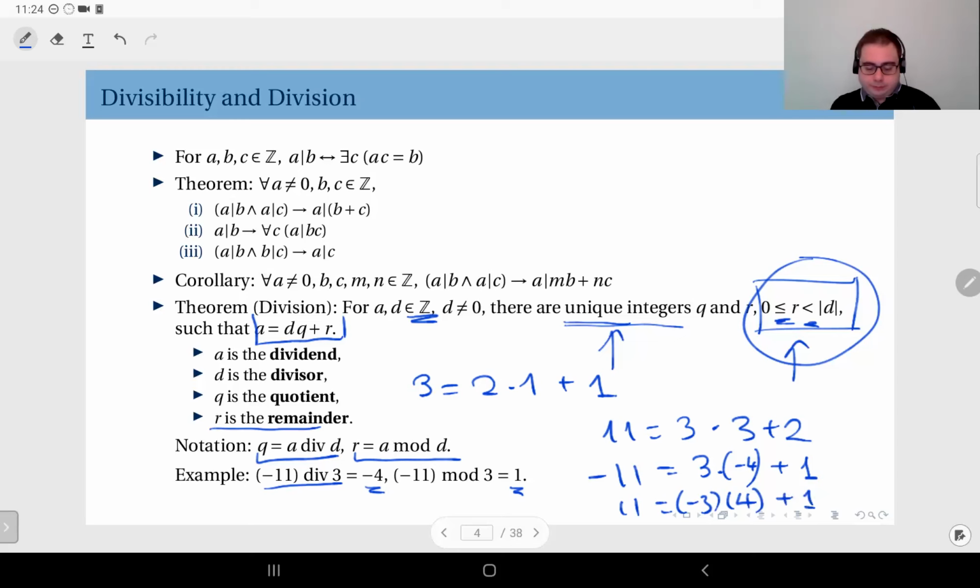Therefore, again, 11 divided by minus 3, the quotient is plus 4, and 11 modulo minus 3 gives you plus 1. So the remainder will have to be a positive value due to this condition here.